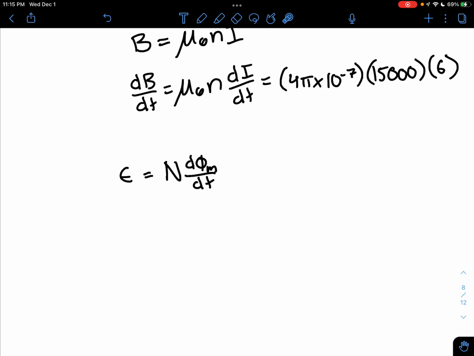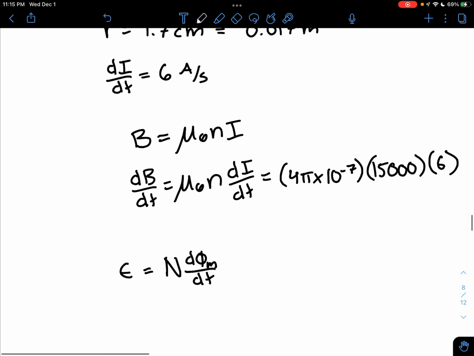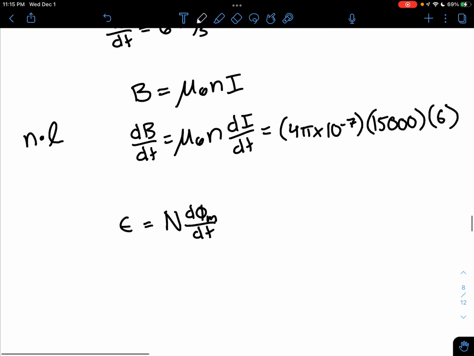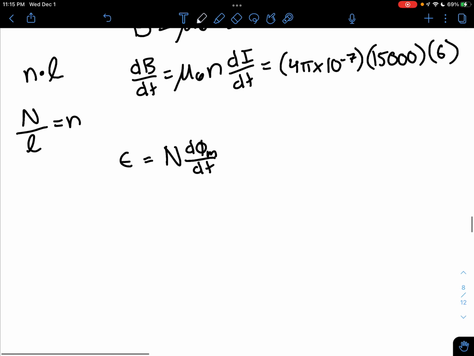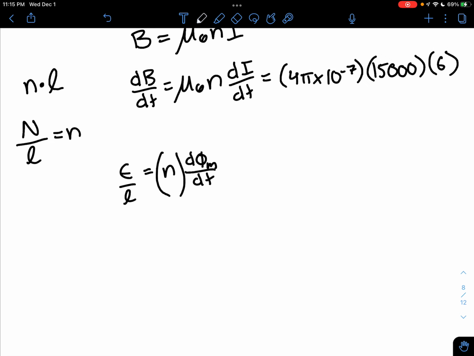So this capital N, our number of loops, is our little n, loops per length, times the length we're looking at, little L. If we divide both sides by L, that gives us our EMF per unit length, and now we get to use little n in there. That's a double win-win, because this is what we're solving for, and we already have this one.